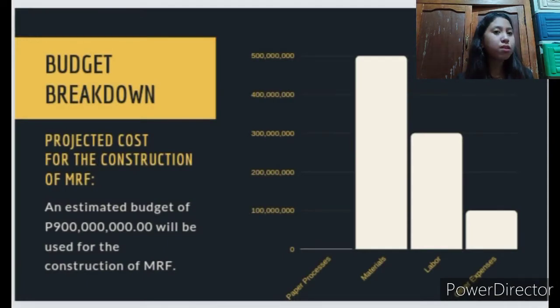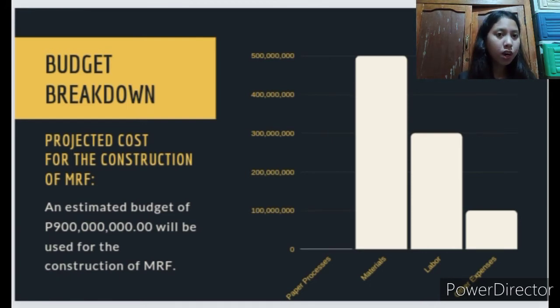And now let us proceed to the next part, which is the budget breakdown. This includes all the expenses that will be made throughout the completion of MRF. This includes the paper processes, materials, labor, and other expenses. For the paper processes, this will take 50,000 pesos, and for the materials is 499 million and 950,000 pesos.